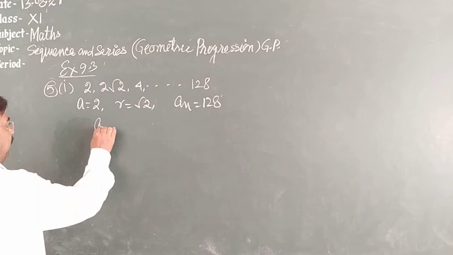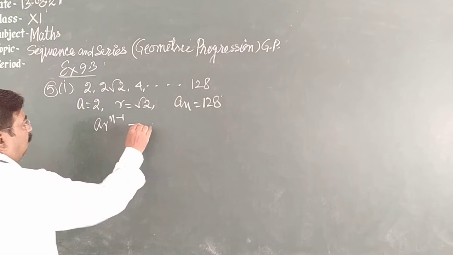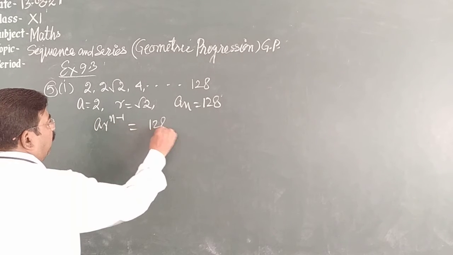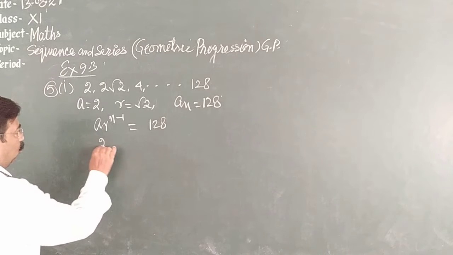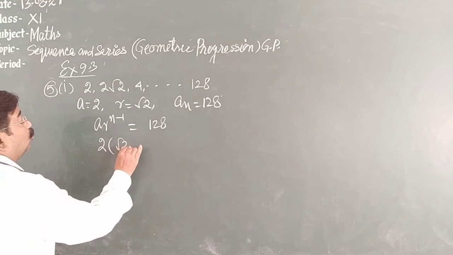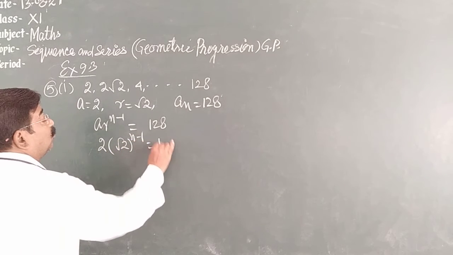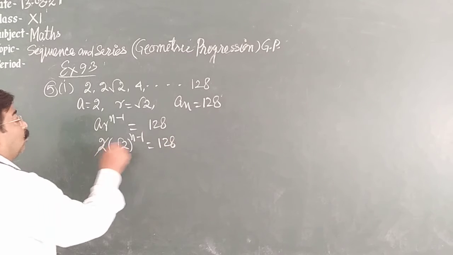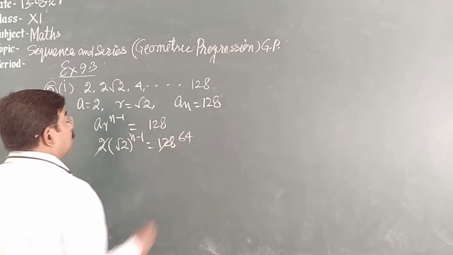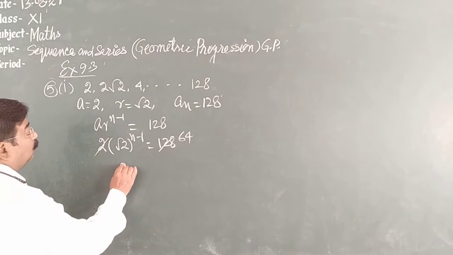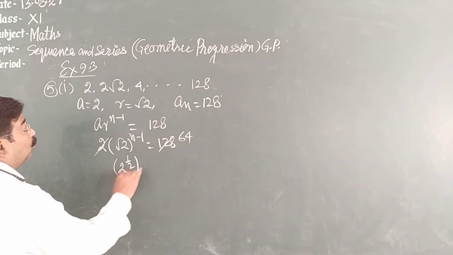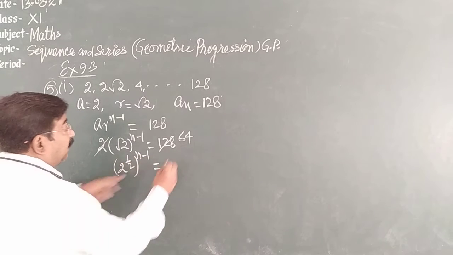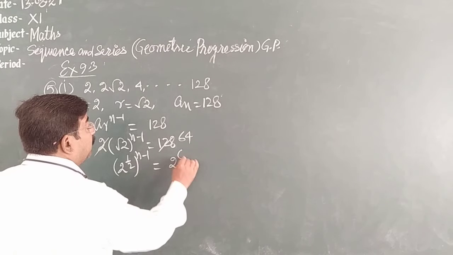So we have a r to the power n minus 1 is equal to 128. A we have got 2 and here root 2 to the power n minus 1 is equal to 128. This will go 64 times and this can be written 2 to the power 1 upon 2 whole to the power n minus 1. This can be written 2 to the power 6.